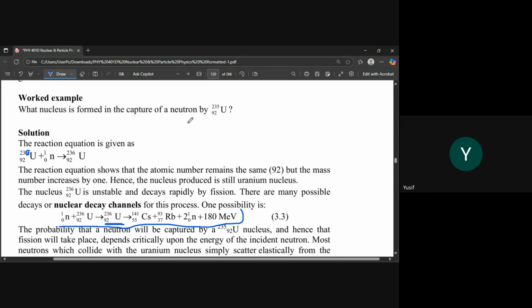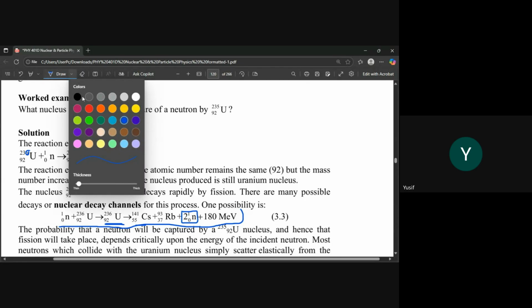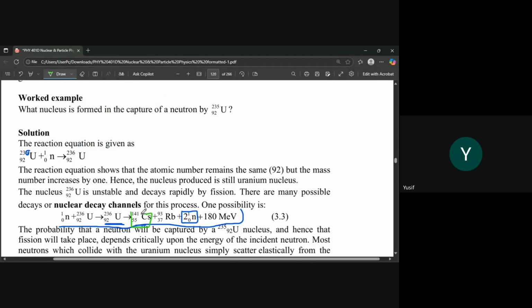There are other possible outcomes. That's why, in that case, I'll give you the reactants and I'll give you the daughter nuclei that I'm expecting. So yours is to balance it and find out that, okay, at the end of the day, this has to come in there. I'll tell you that this and this are the products produced.